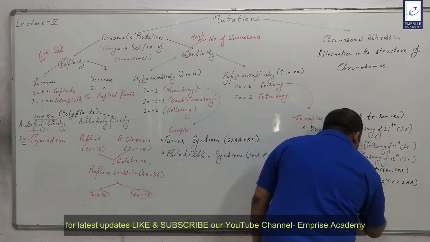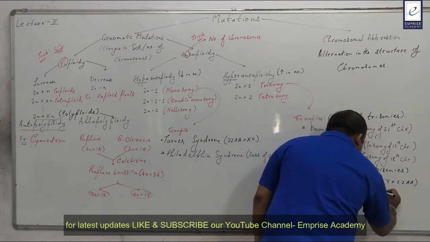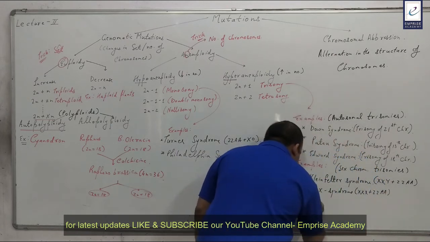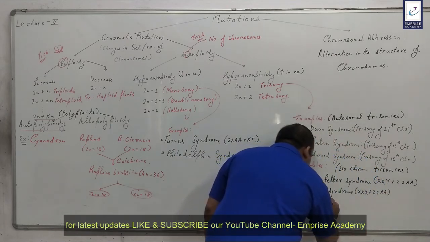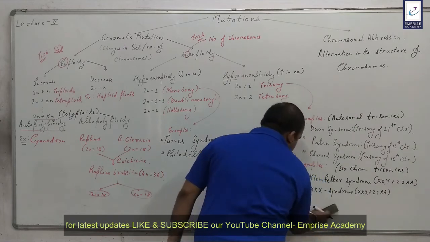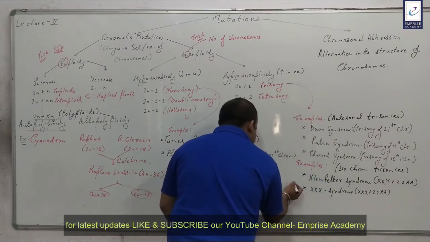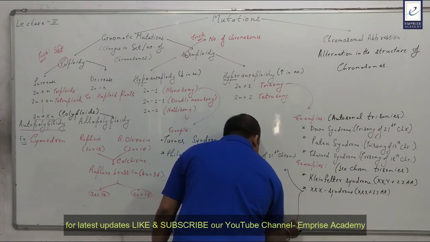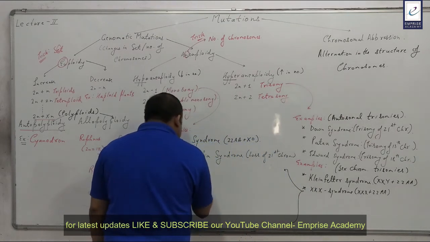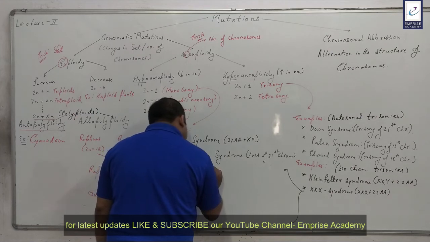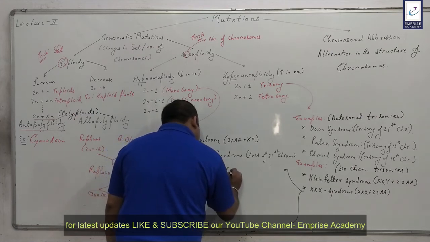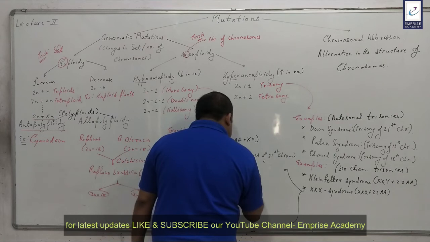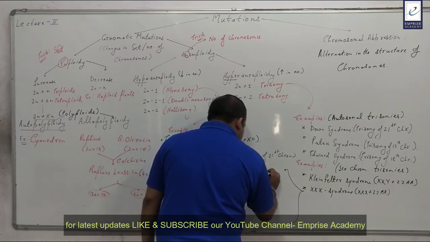Trisomy of the X chromosome is taking place. I am going to write about this XXX syndrome here, so that you can understand it better. Trisomy of the X chromosome.